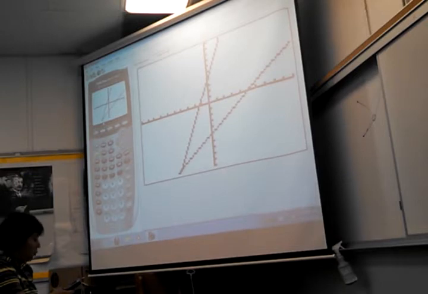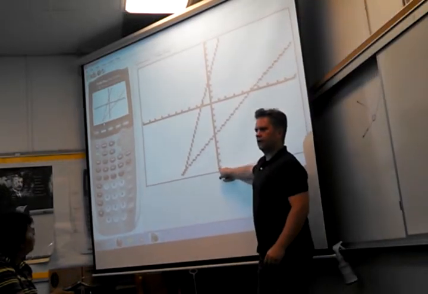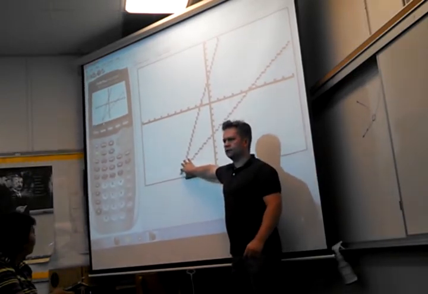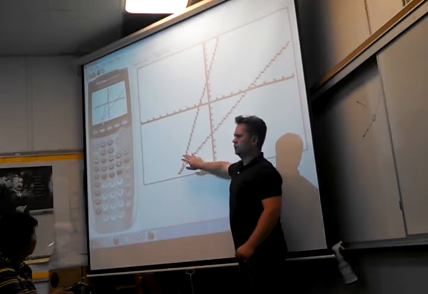I want you guys with me. So I could change the window a little bit to make sure that I see down that far. Currently, how far down can I see? Down to negative 10, right? I really need to be able to see maybe down to negative 15 just so I can totally see that on the screen. Are you with me? So how do I change the window?